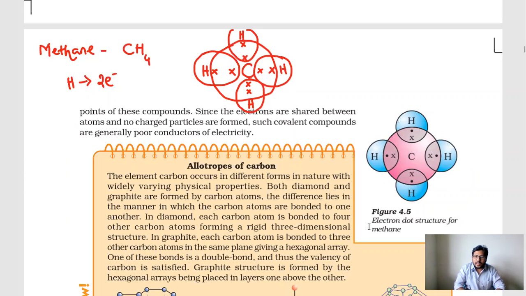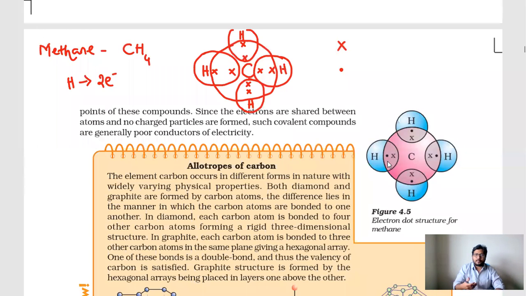If they ask you to draw the electron dot structure, you can draw it like this: carbon with 1, 2, 3, 4 cross marks representing electrons of carbon, and hydrogen's electron represented with a dot. You can represent an electron with a cross mark or a dot, either way. The blue balls represent hydrogen stability, and the pink circle represents carbon stability. So we have got methane, CH4.